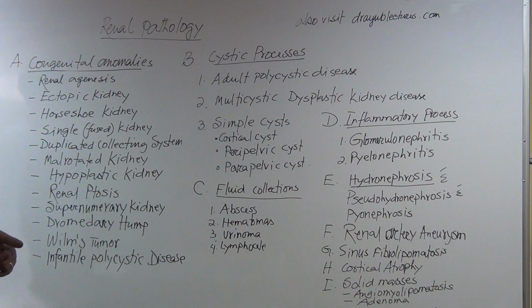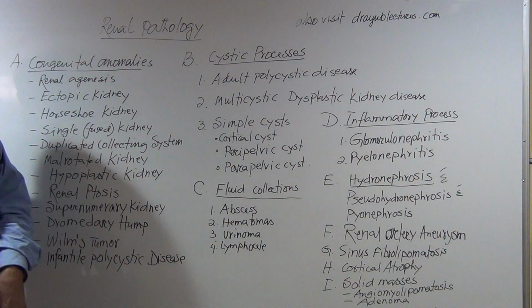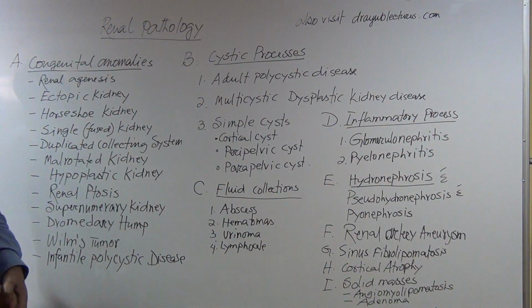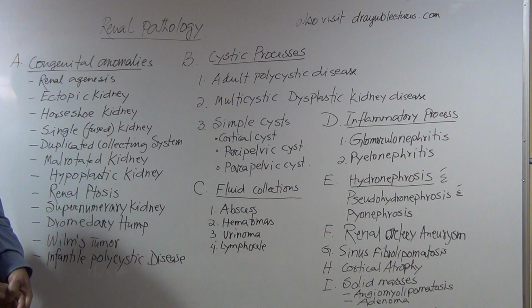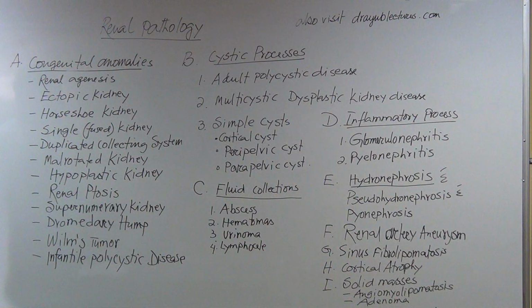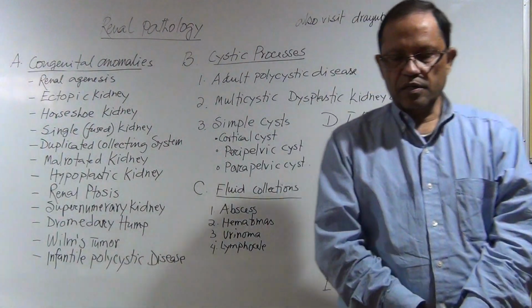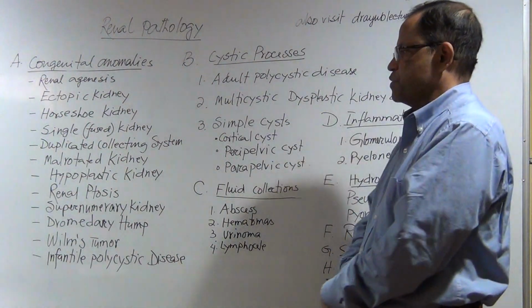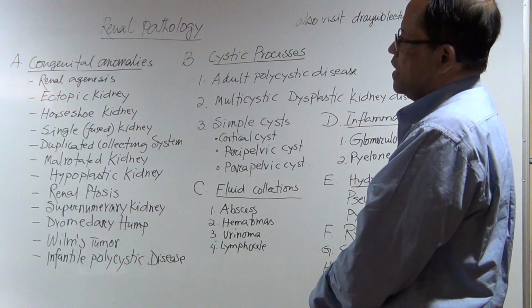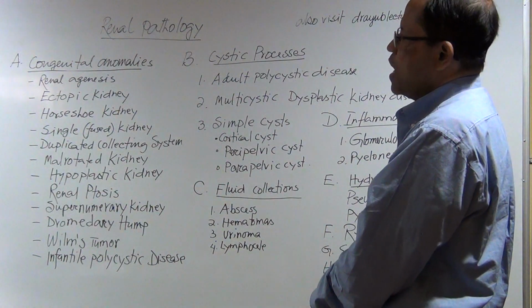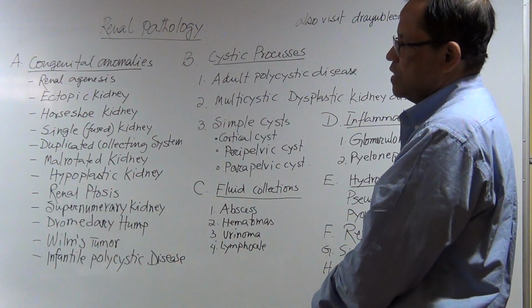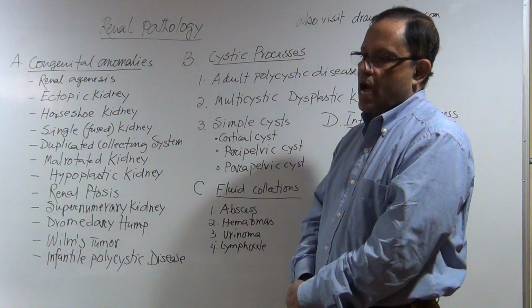Associated with Potter syndrome. Then what is Potter syndrome? Potter syndrome is agenesis of the kidney, means the kidney did not form, neither one. That means both kidneys are absent, and there will be oligohydramnios and pulmonary hypoplasia.